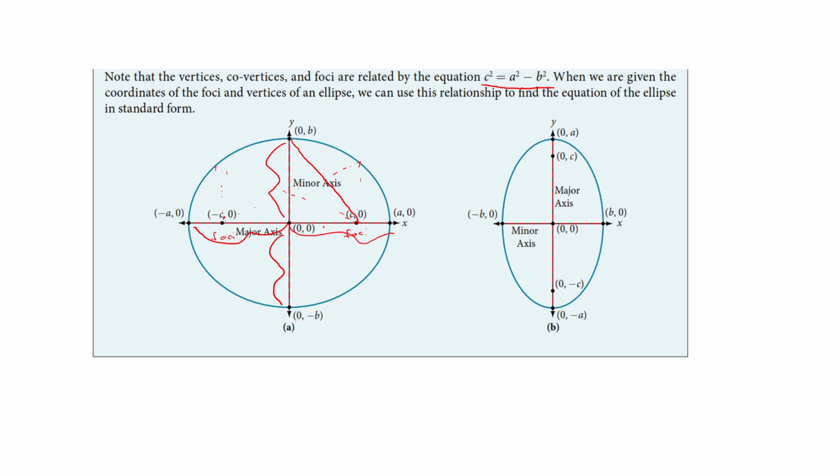This length is c, and the entire length is a, so the other side is a minus c. It's just a derivation of the Pythagorean theorem, based on running a right triangle to the foci.